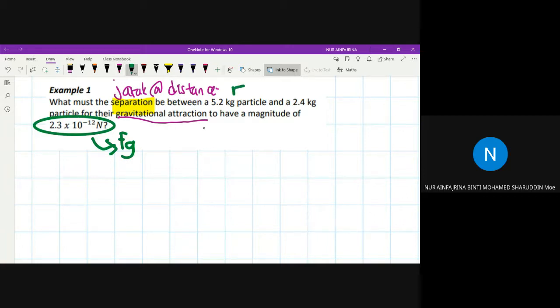Okay, kita nak pakai formula apa? Anyone? Macam mana kita nak cari? Girls? Okay, lu nak jawab boleh lah lo. Okay. Gravitational force equals to G times m1 m2 over r squared. And then the gravitational attraction, kita tahu dia adalah gravitational force.